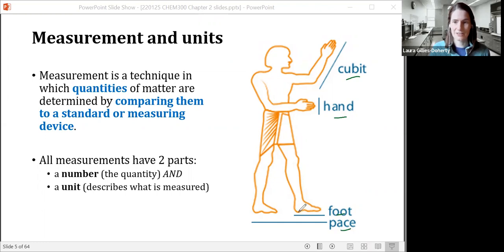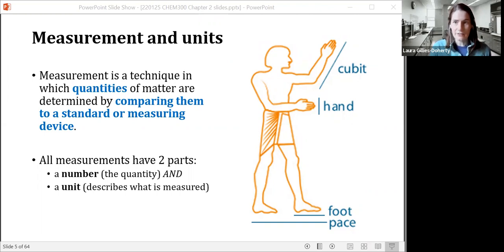And these were based on the standards of size related to the human body. We have measuring devices now that are much more precise than that, but this is kind of where it all started out, using some sort of standard like the width of your hand or the length of your foot, and then using that as the basis of a certain amount of measurement or a quantity of substance.